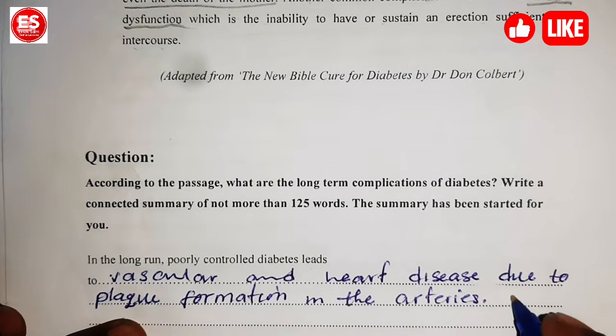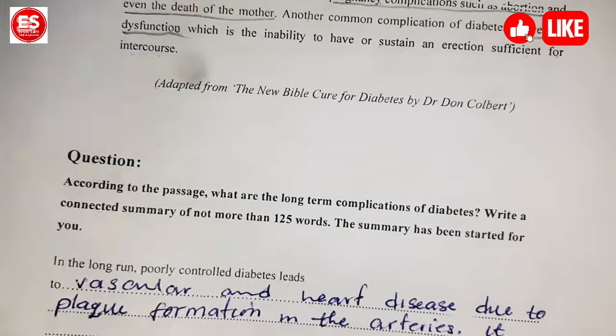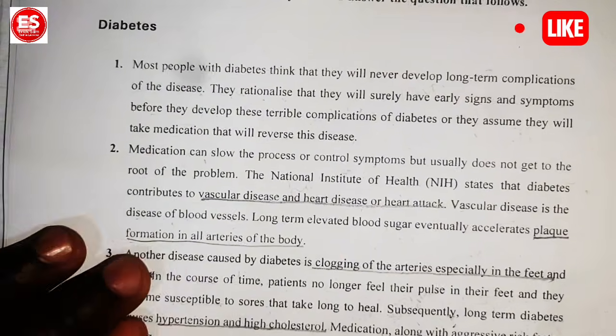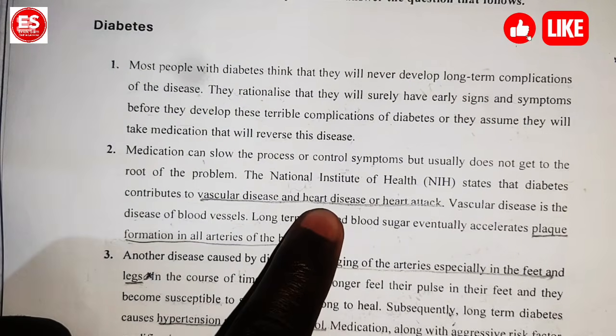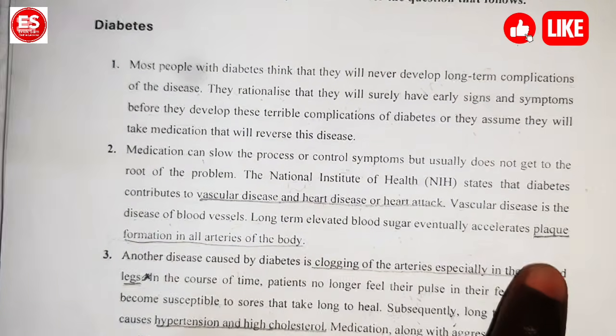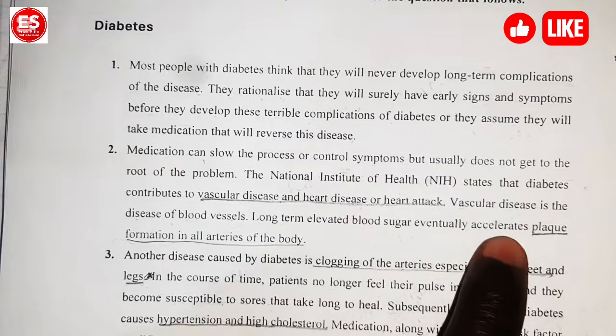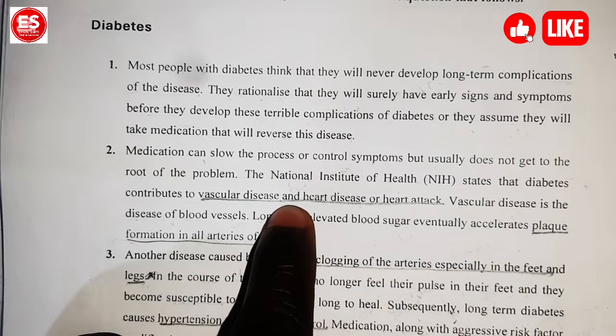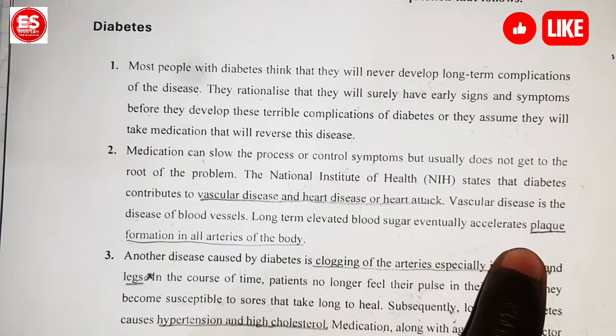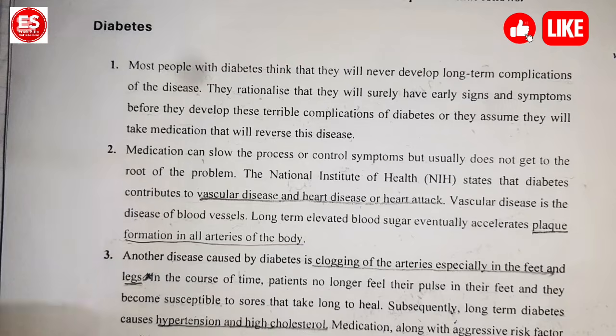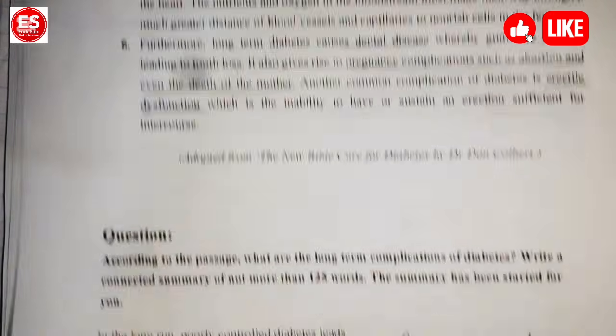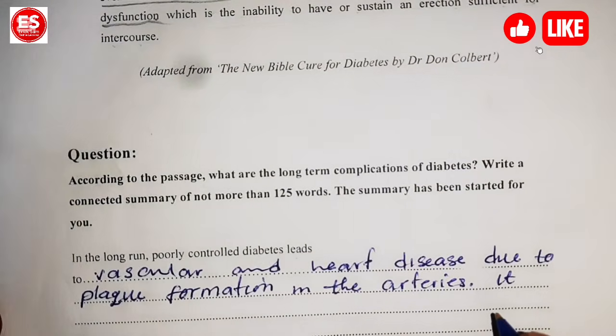So we have talked about this point, and we've connected it with this one. So the result of the disease leads to this condition, right? So we've connected that. Now we are going to this one.